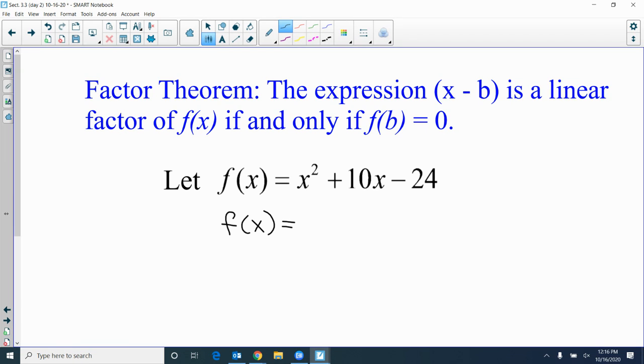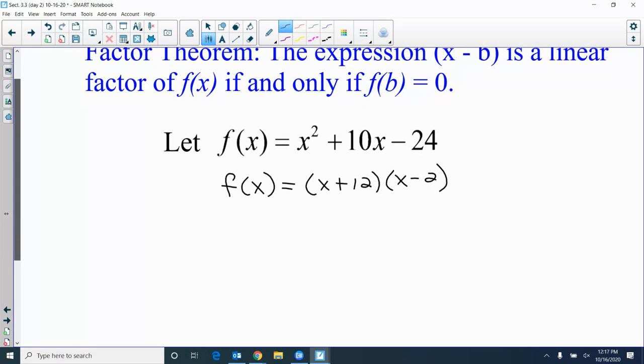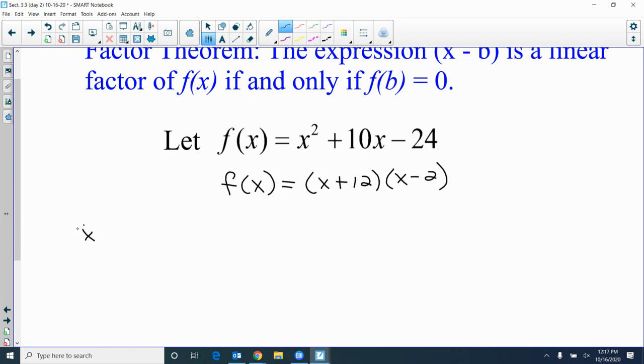All right, so what do we end up with for that one? Tessa, what does it factor into? x plus 12 and then x minus 2. So x plus 12 times x minus 2. Those are factors of the original function. They multiply together to give me x squared plus 10x minus 24. So I know x plus 12 is a factor.